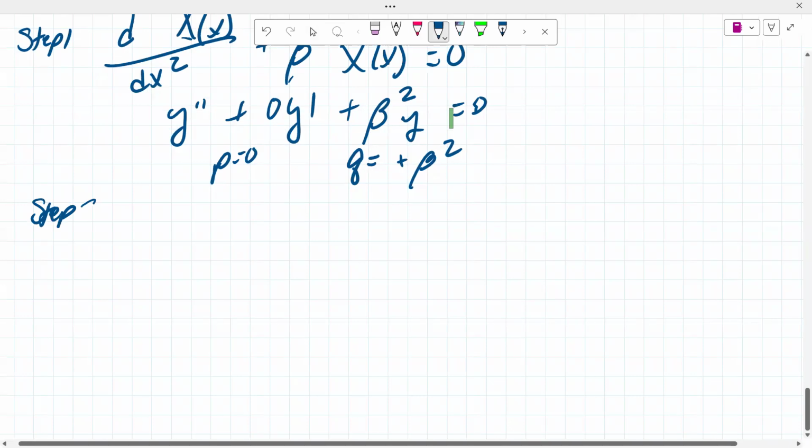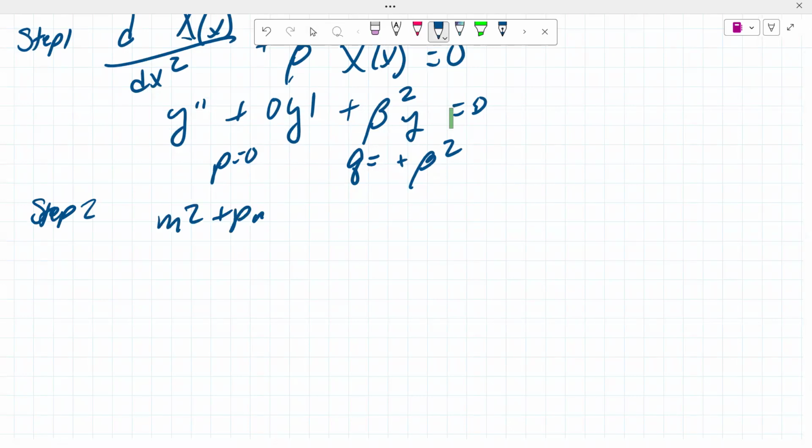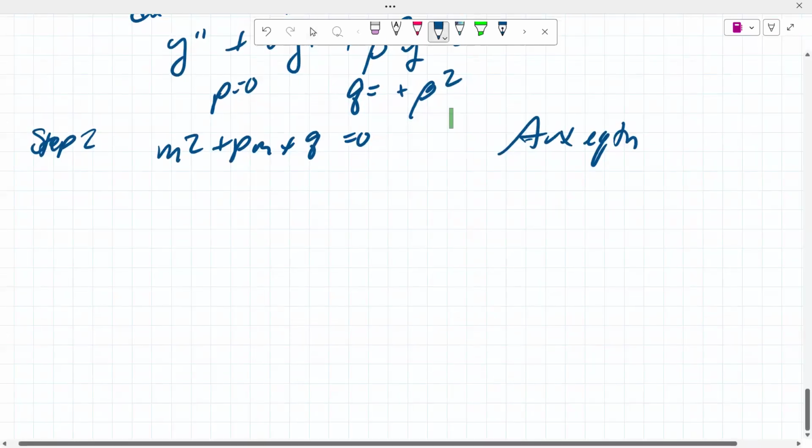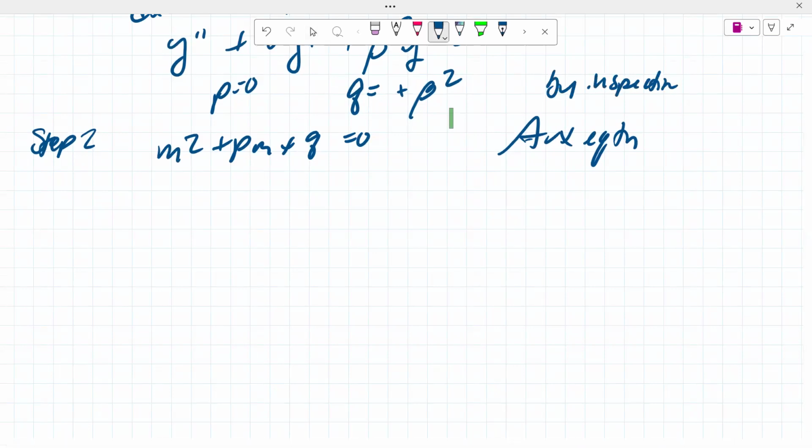All right, next, we write the auxiliary equation. M squared plus PM plus Q equals 0. That's the auxiliary equation. This is by inspection. Here's our auxiliary equation.